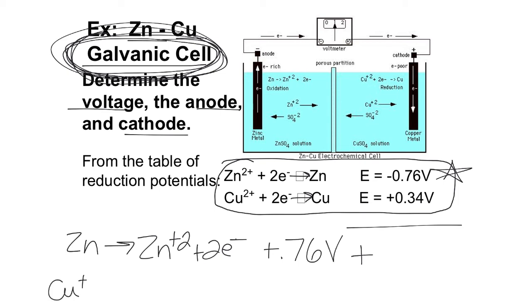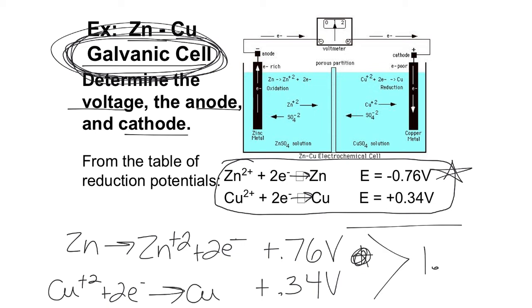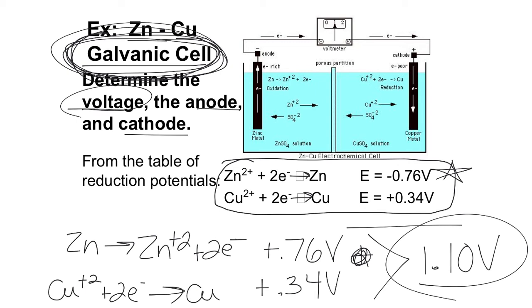And then the copper ion would still get reduced. Again, you need one reduction, one oxidation. So that's going to be 0.34. And overall, that would give me 1.1. So that would be my overall voltage. The anode is where oxidation occurs.